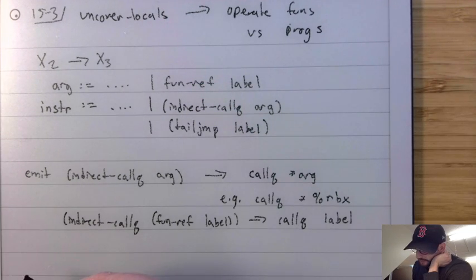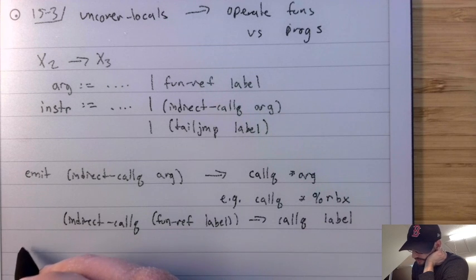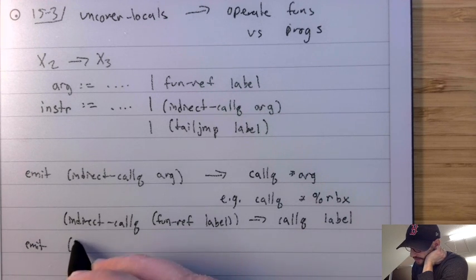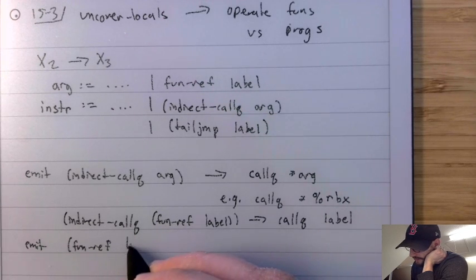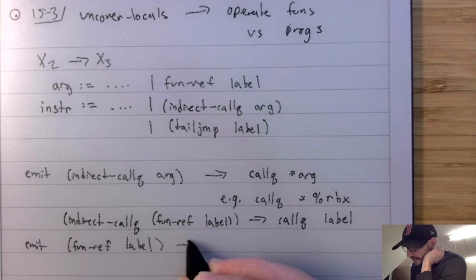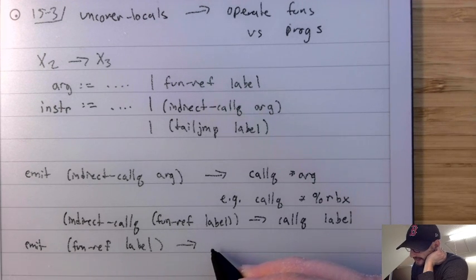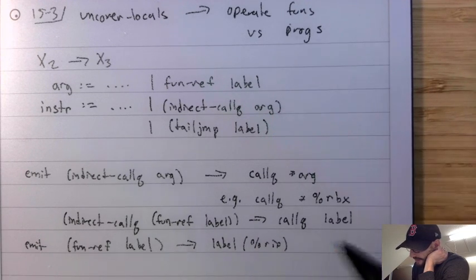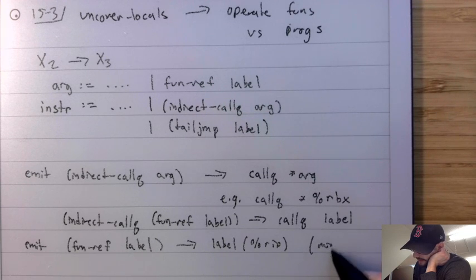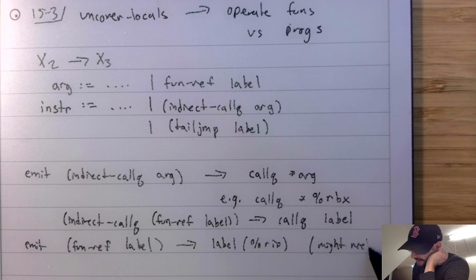And then how do you compile a function reference? If we emit a function reference label, then we just emit that as the address. So I guess it would be the label(%RIP). It might be the case that we might need LEAQ here. I'm not sure.